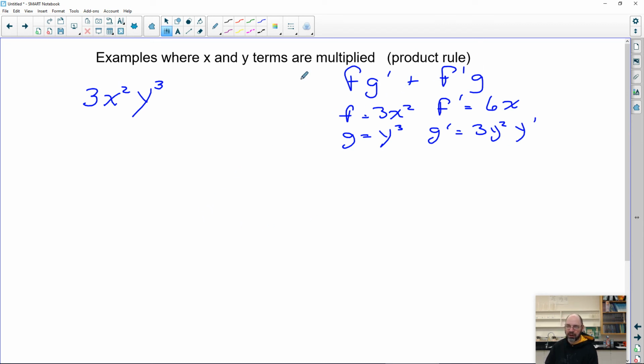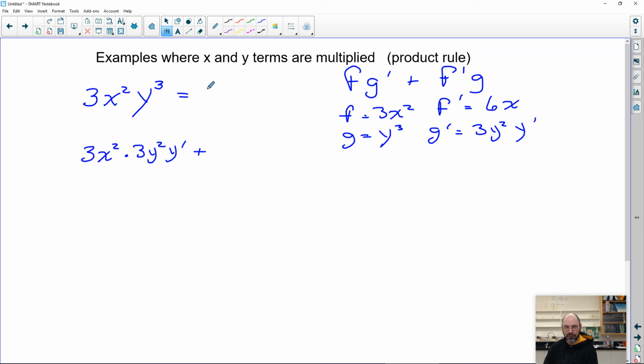So then we have to apply this product rule because that's multiplication. Okay, so let's apply the product rule. f, 3x squared, times g prime, 3y squared y prime. Okay, plus, equals, we have to equal something, otherwise why are we doing it?